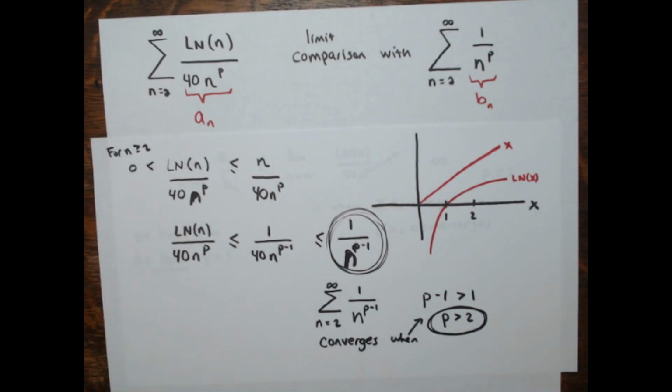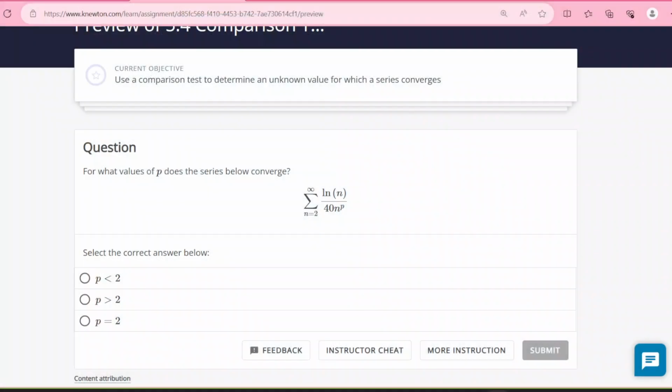That's the question. It says here, p less than 2, obviously not. P greater than 2 is what I just stated. When p equals 2, what happens?